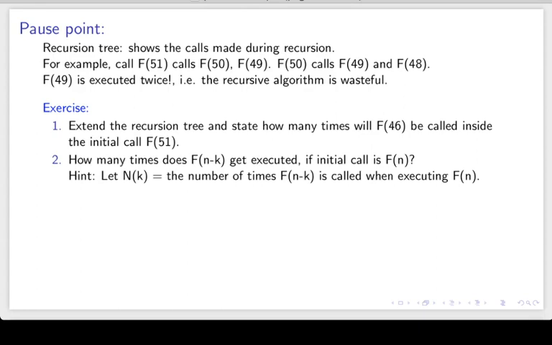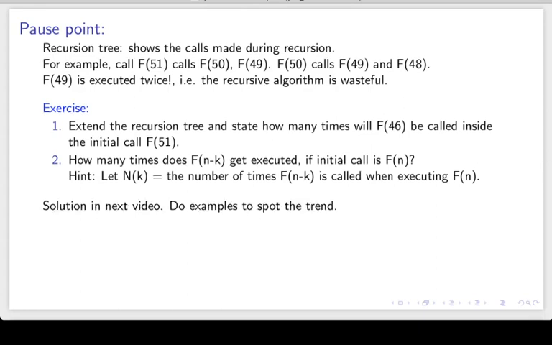And how many times will f of n minus k get called in executing f of n minus 2, which is the second thing you do over here. Write it in terms of this notation and you will get a really interesting answer.